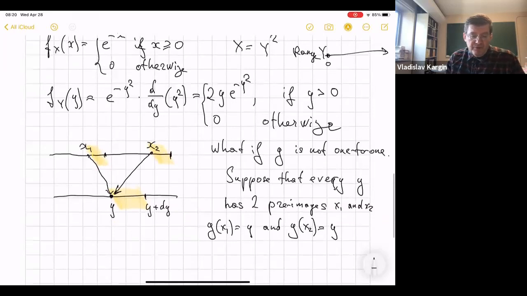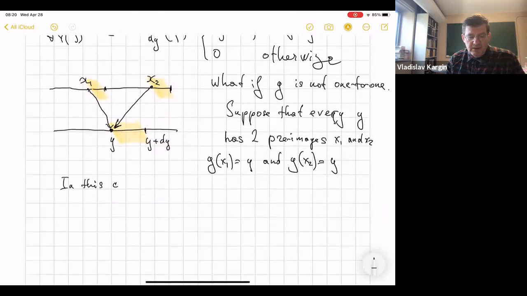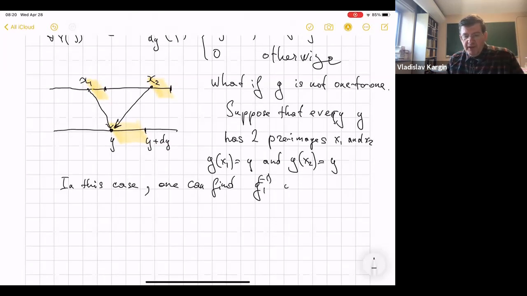Now in this case we can define two functions, g1 to the minus 1 and g2 to the minus 1.